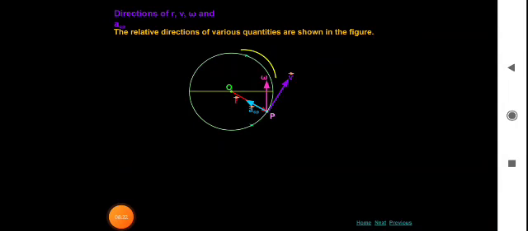In this slide you can observe the relative direction of various quantities. The centripetal acceleration is directed towards the center, the direction of velocity keeps on changing, and the angular velocity is along the circular path.